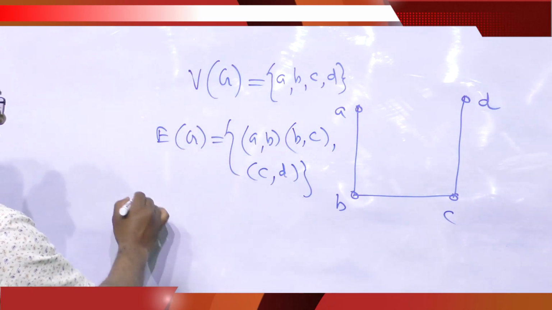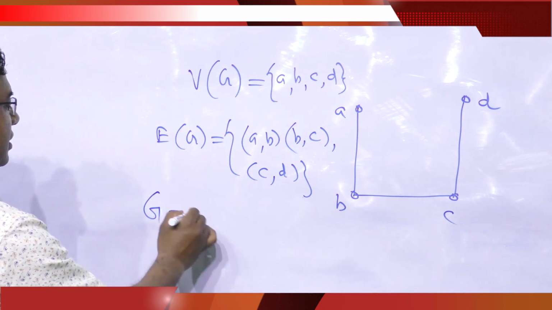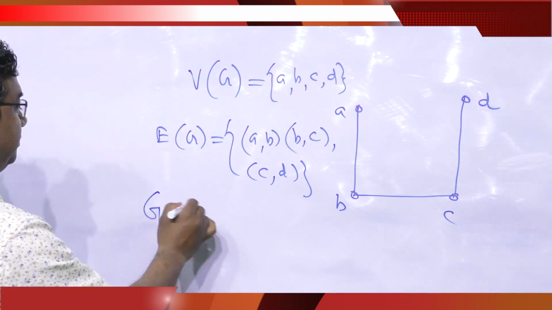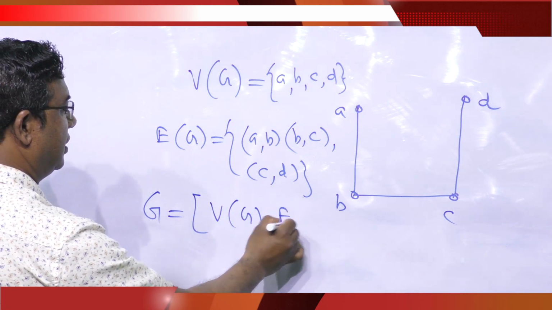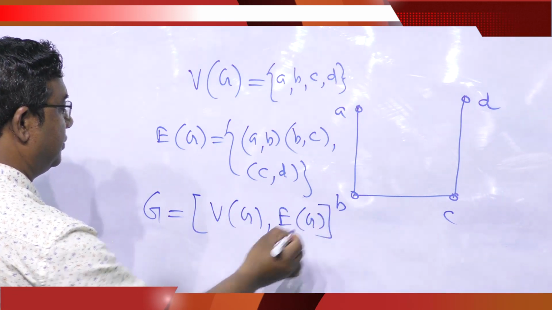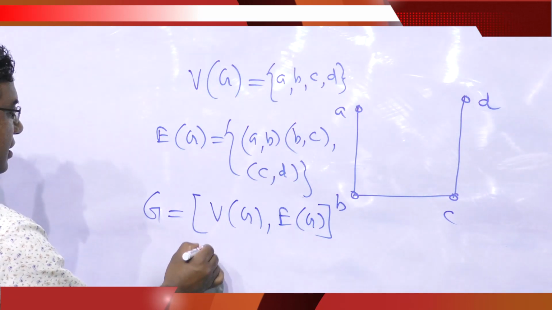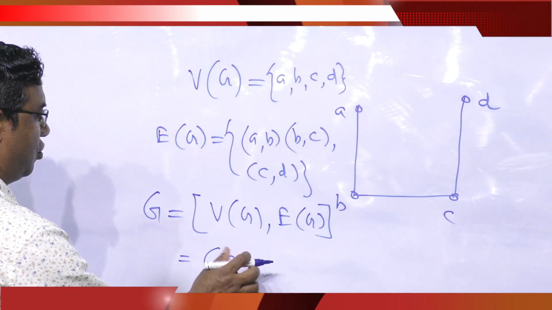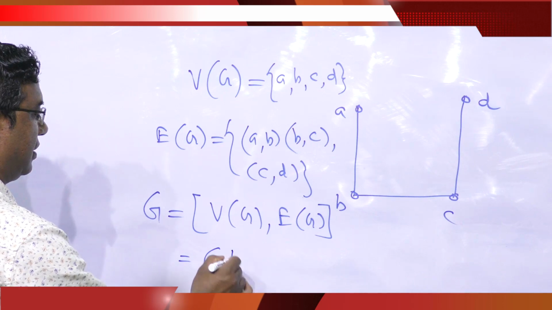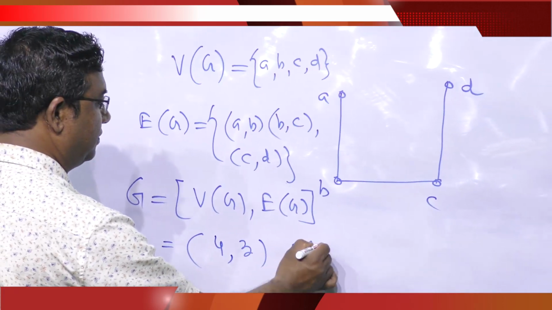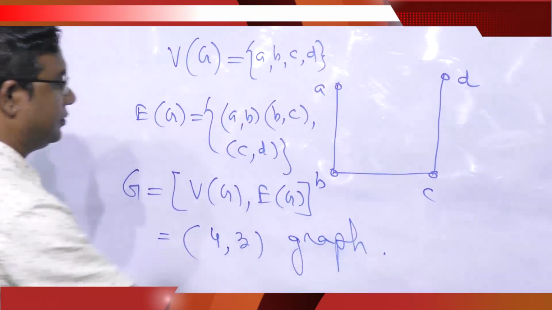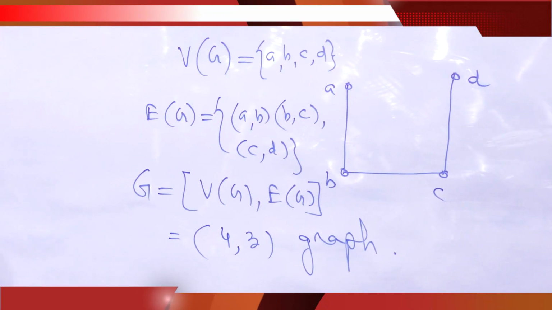By combining these two together we represent a graph, VG comma EG. So this graph has 4 vertices and 3 edges, a 4 comma 3 graph. So this is the definition of the graph.